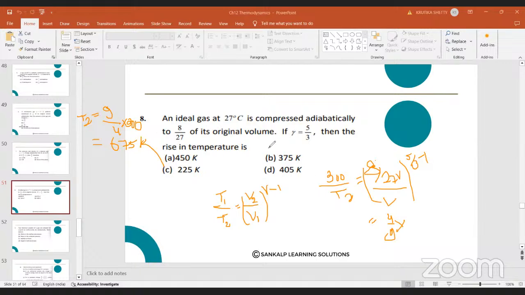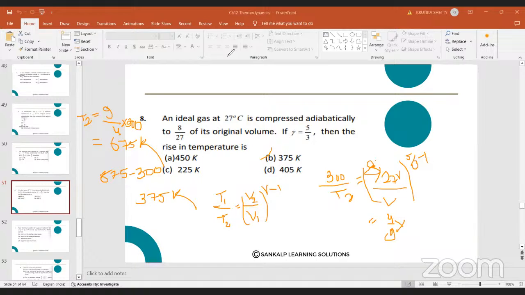That is nothing but the T2 value, but they are asking for the rise in temperature. So for the rise in temperature, you just need to subtract the initial temperature, that is 27 degree Celsius, which is 300 in Kelvin. Therefore 675 minus 300 is nothing but what? 375 Kelvin. That is option B is the correct answer.